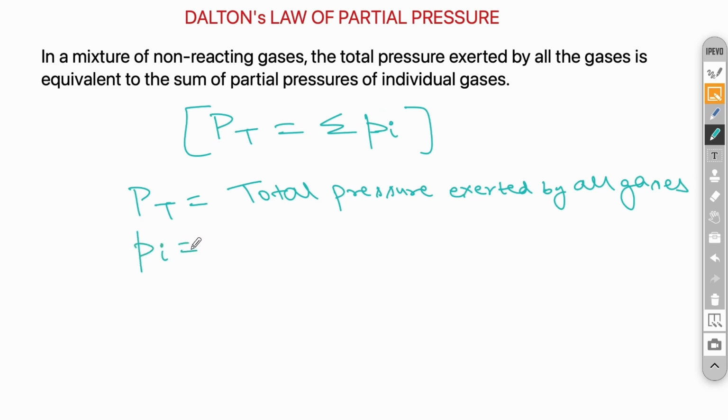Here we have denoted it by i. This equation is true only in case of non-reacting gases. In the mixture of non-reacting gases, this will hold true, that is Pt is equal to sigma Pi, right?